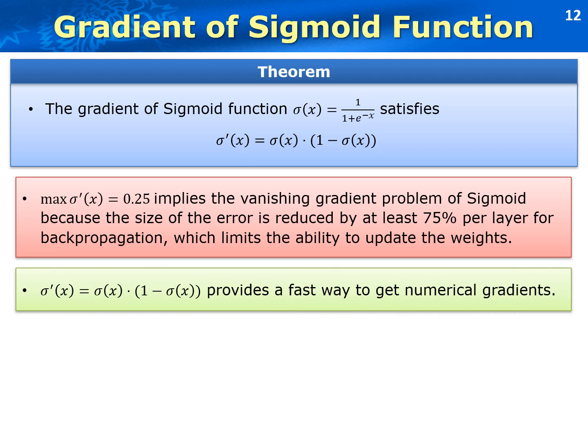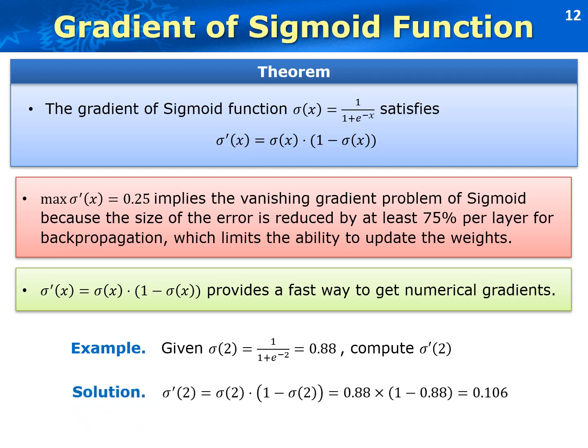For example, if we already know the value of the sigmoid at x equals 2 is 0.88, we can directly use this formula to compute its derivative at x equals 2, which is 0.88 times 1 minus 0.88, with no need to compute the analytical expression of the sigmoid derivative function first. As we will see shortly, this theorem will be very useful in backpropagation.